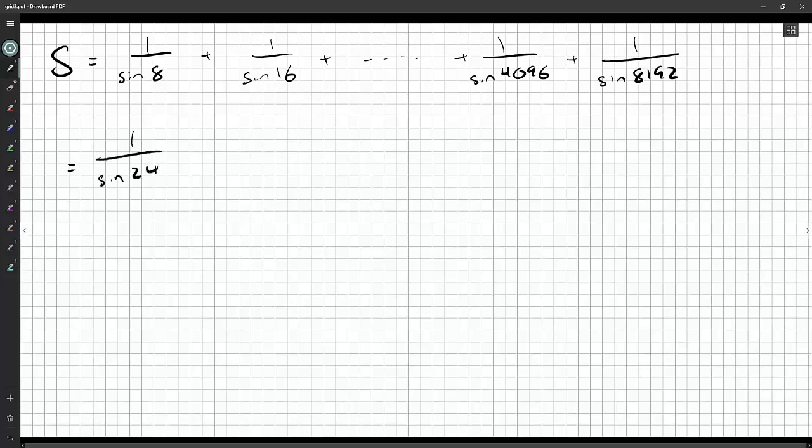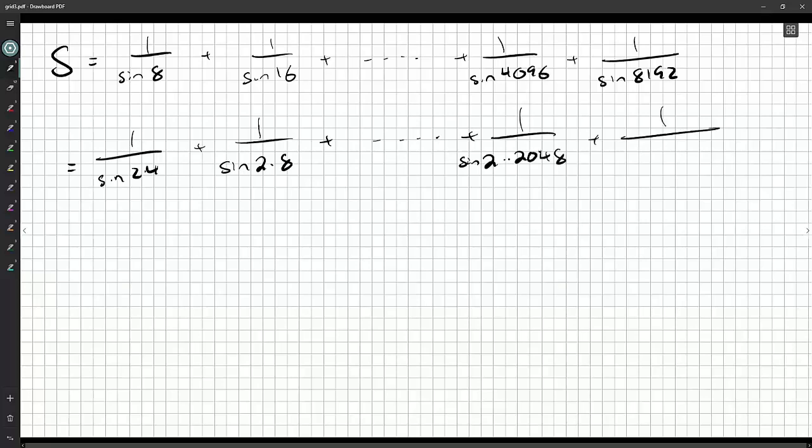So this is sine 2 times 4, plus 1 over sine 2 times 8, and so on, plus 1 over sine 2 times 2048, plus 1 over sine 2 times 4096.